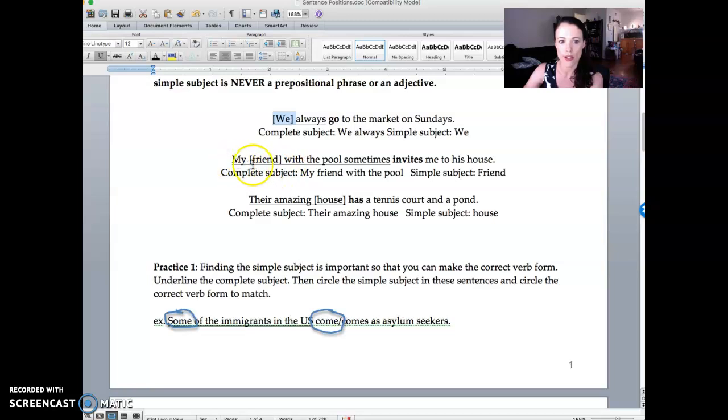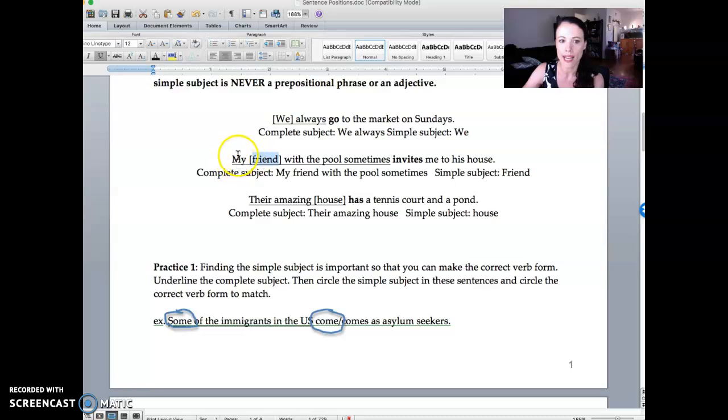So let's look here. My friend with a pool sometimes invites me to his house. Invites is my verb, so everything before the verb is going to be my complete subject. My friend with the pool sometimes, the whole thing. So let me put that in here. But the simple subject is going to be friend.